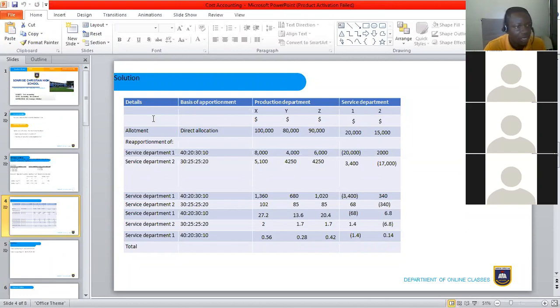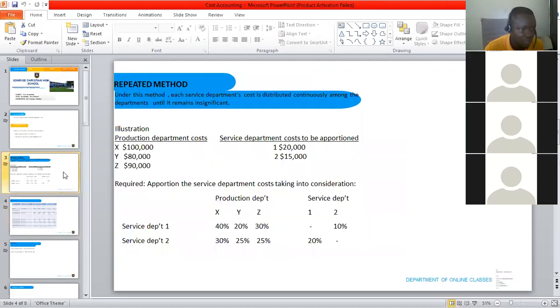Now, we said allocation has to do with sending a whole cost item to a cost center. Now, let me go back to the question. You could see from the screen that production department costs were given to us.